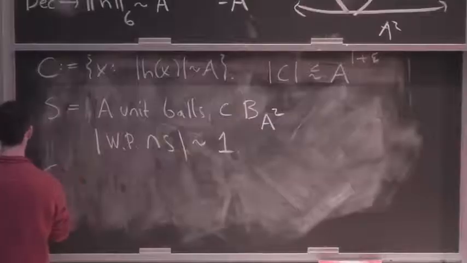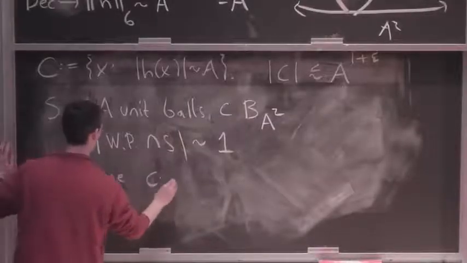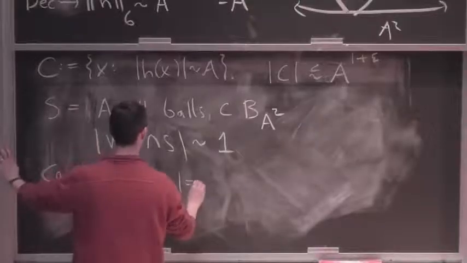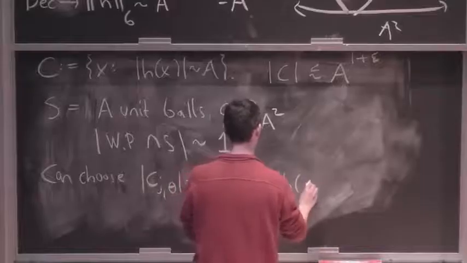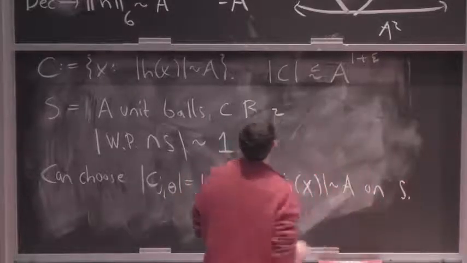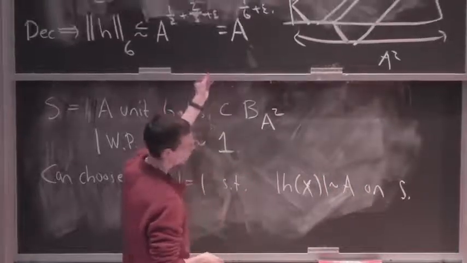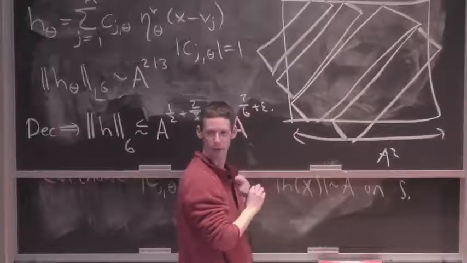Okay. So whenever I do this, I can now choose the coefficients, Cj theta, these phases. I can choose them so that the sum is around A on S. So the way I do that is I pick a red point, and I want to arrange that H is really big there.